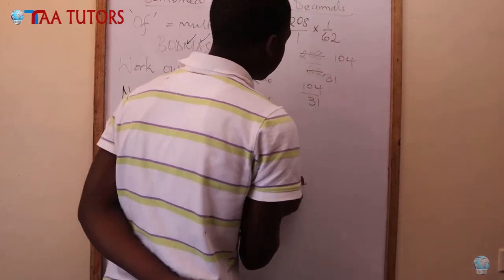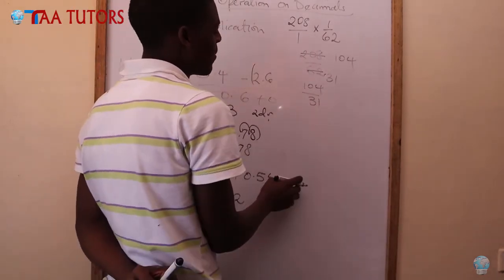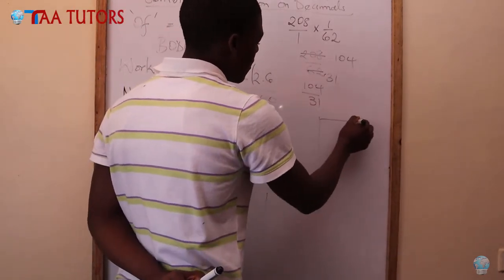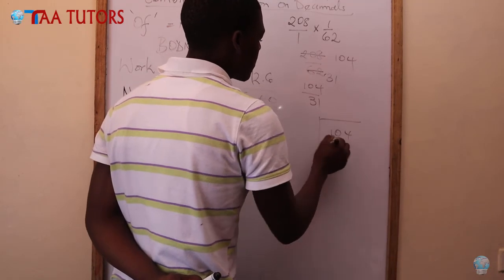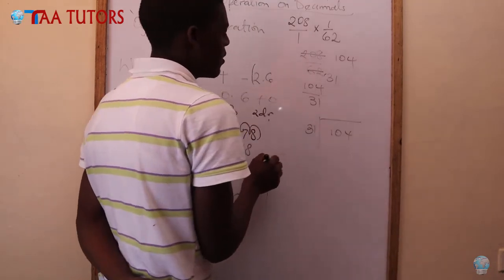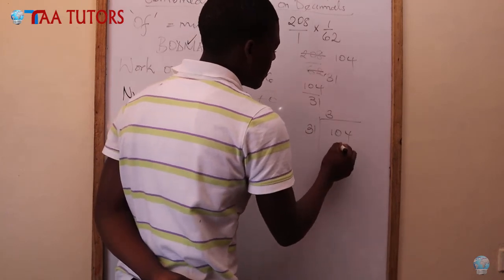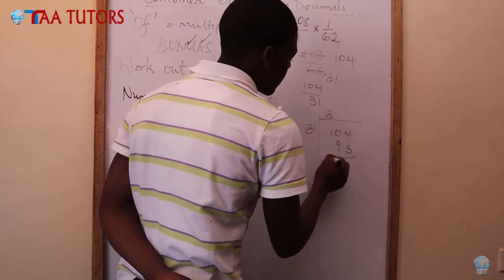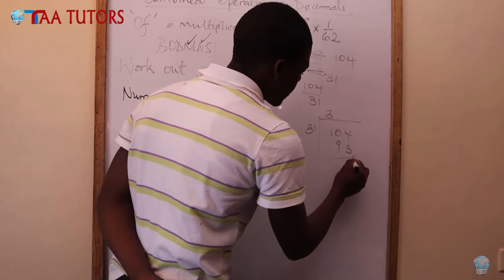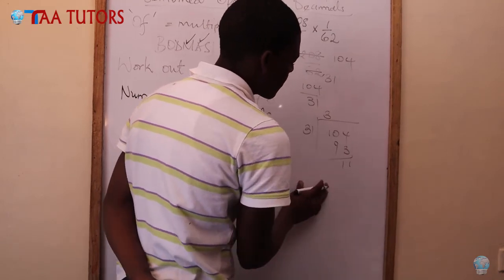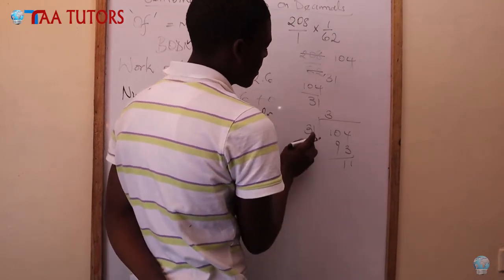There is no divisor since 31 is a prime number, so we will opt for long division. 31 into 104 will be 3 times. That is 93. When we subtract this, we are getting 11. So 31 cannot go into 11.